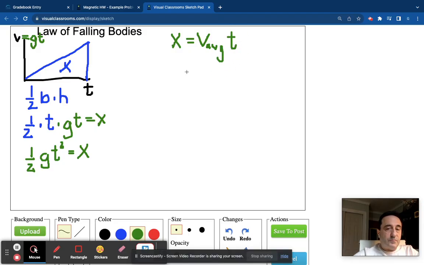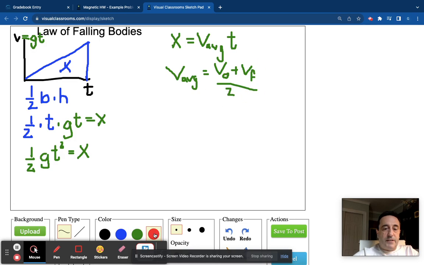That's x. Now, another definition of the average velocity is equal to the original velocity plus the final velocity divided by 2. That's just a simple average.